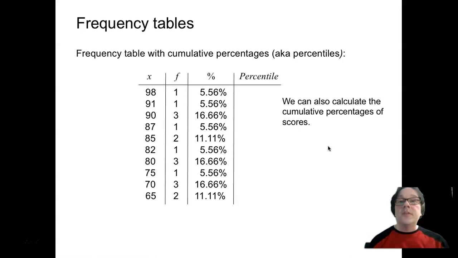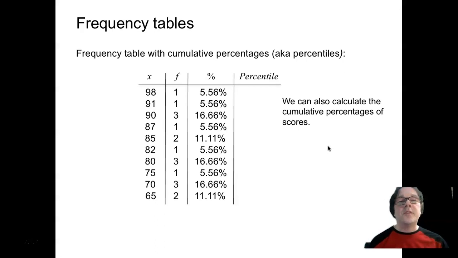And percentiles you might actually be somewhat familiar with, because if you've taken any type of standardized tests like the SAT or the ACT, and then the GRE eventually for grad school, your score is typically presented to you in terms of percentiles, and that can be a little bit difficult to understand, exactly how did you do, right?